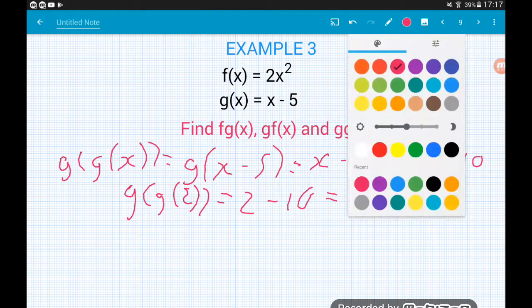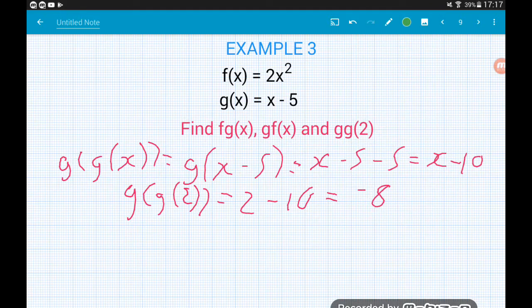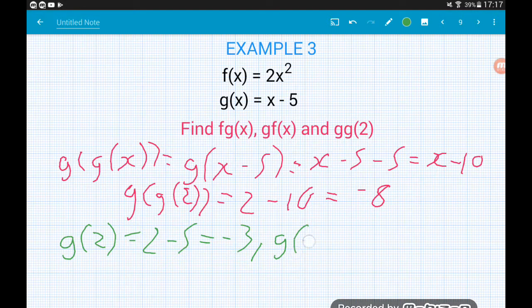Let's have a look at going through the method that I would recommend. So if we find g of 2 first, g of 2 is equal to 2 minus 5, which is minus 3. And then g of g of 2 is exactly the same as taking g of minus 3.